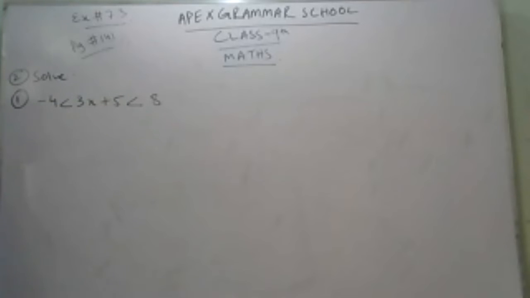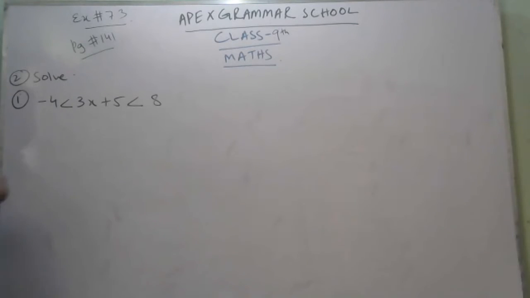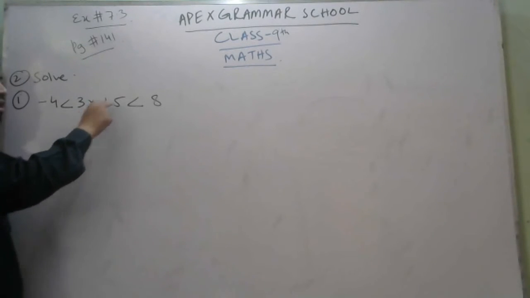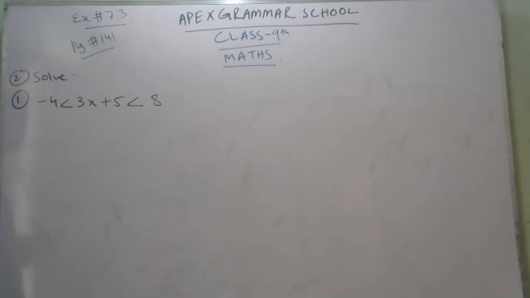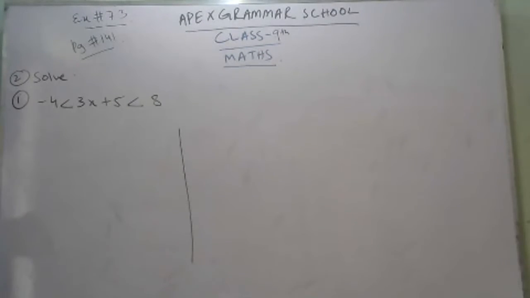Basically, this is a compound inequality. It means minus 4 is less than this expression, which is less than 8. One thing you will see is that this 3x plus 5 is connected with minus 4, and this 3x plus 5 is also connected with this 8. So you can make two inequality expressions.